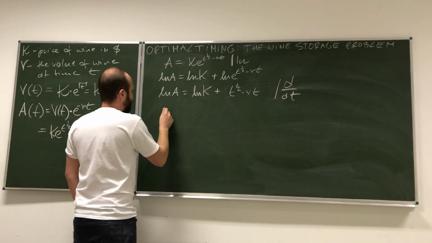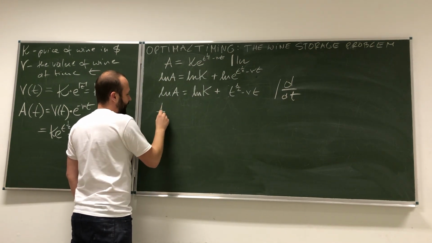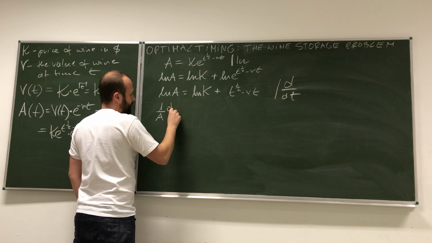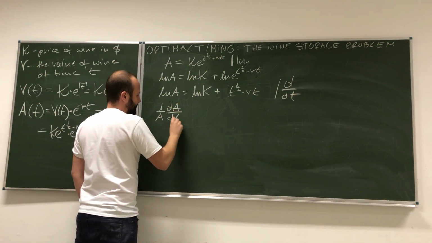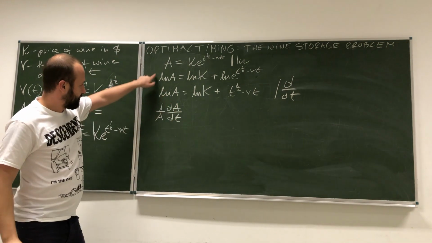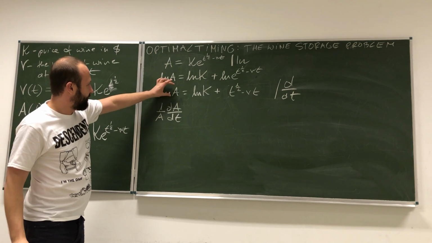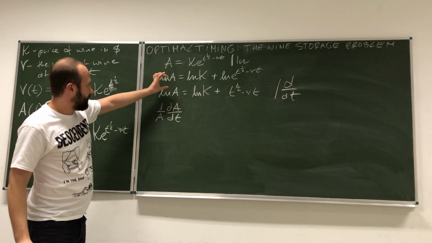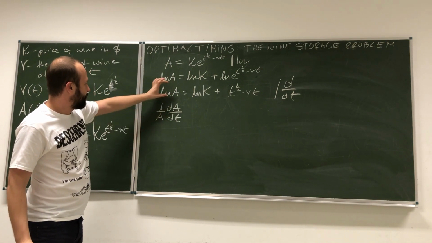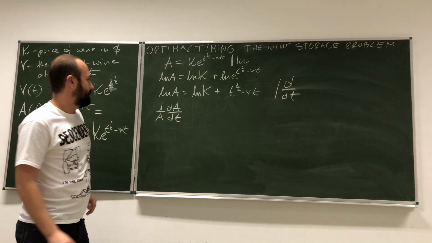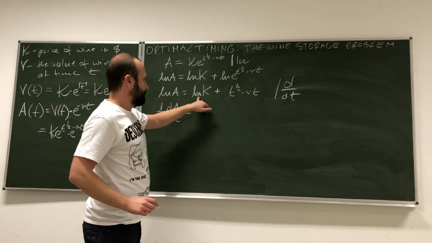So here we have 1 over A times dA/dt, right? Derivative of the function, derivative of A on the top and A on the bottom. Now, here, this is 0.